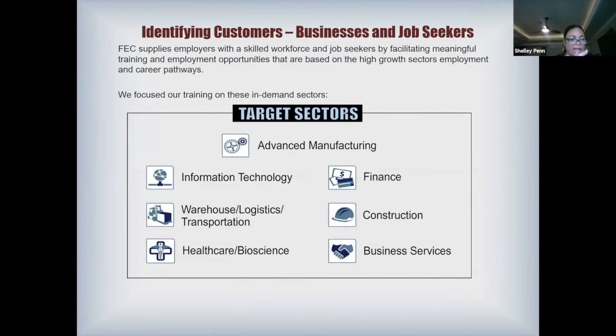So we have a team of workforce job developers. And again, our goal was to eliminate duplication, but also create a single point of contact. We didn't want everyone and their brother calling on one employer. And so we followed that rule.